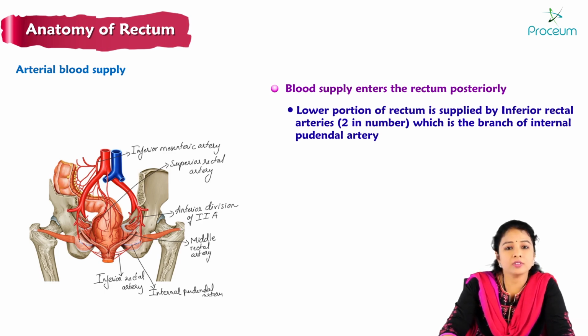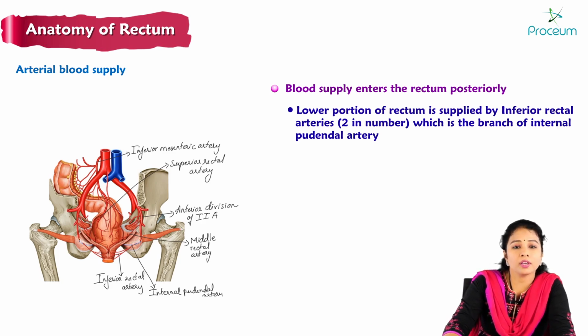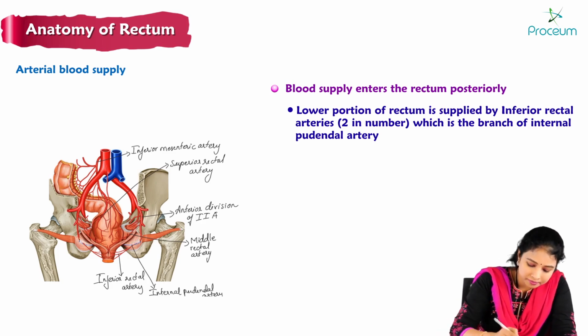And one more vessel, called the median sacral artery, which is a direct branch of the abdominal aorta, also supplies the rectum.